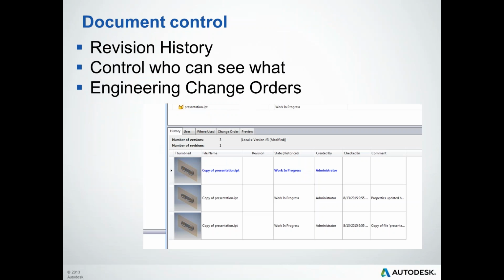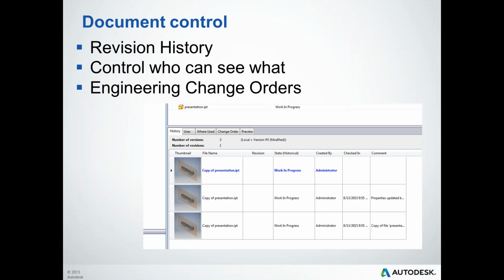But why Autodesk Vault? One of the things with Vault is it's a great document management program where you have the ability to control a document in the way the revisions are handled. You can also see comments or see exactly what changes were done in each version. You can also control who sees it, and that's one of the things we're going to look at.